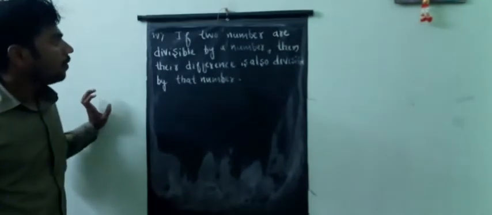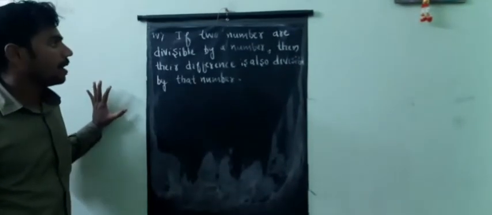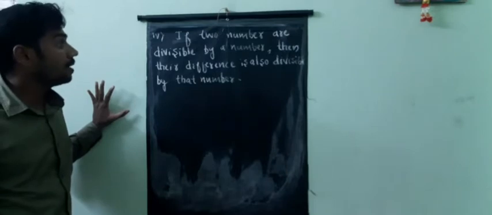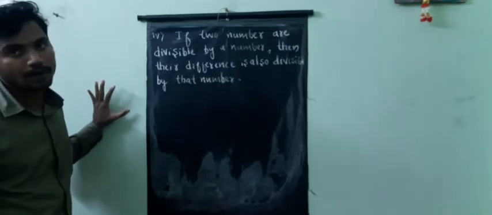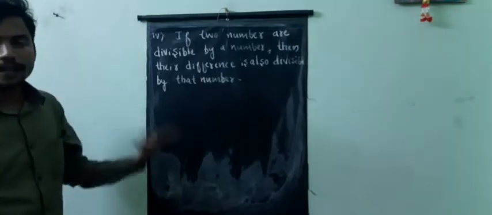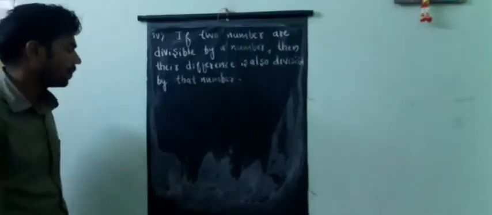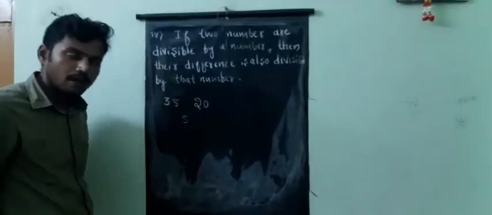Next, the fourth divisibility rule. If two numbers are divisible by a number, then their difference is also divisible by that number. What does it mean? We will take an example and understand it. 35 is a number, 20 is the other number, and they are divisible by 5: 5 7s are 35, 5 4s are 20.